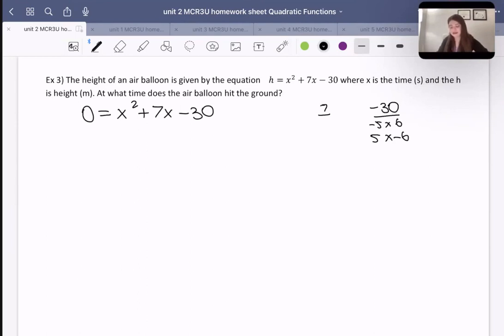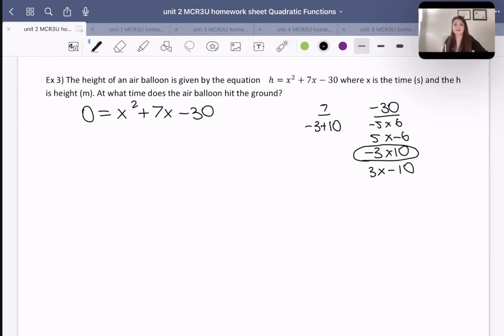However, neither of those add to 7, so we're out of luck. What else? 3 and 10. Actually, that's probably a better idea now that I think of it. Negative 3 times 10 and 3 times negative 10. Now, it's probably actually going to be this one here because negative 3 plus 10 gives us positive 7, and it's positive 7 we want, not negative 7. If we wanted negative 7, though, we would choose the other choice.